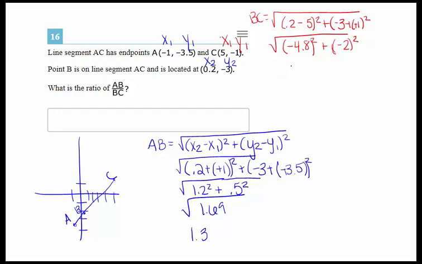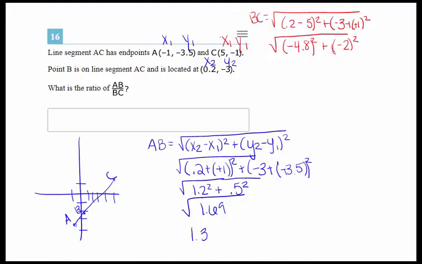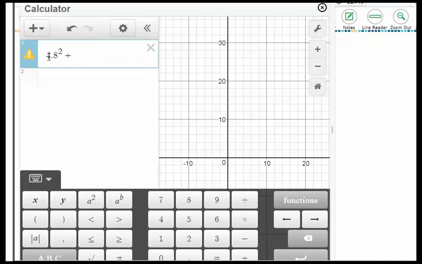So if you want to put that into the calculator, you can do that to see what it's equal to. So 4.8 squared, and then plus a negative 2 squared. Notice I dropped the negative because if we're squaring it, a negative times a negative is just going to cancel out anyways, but if you want to include the negative, you could put parentheses around each one of these, and just make sure that the negative is inside the parentheses with it, and your exponent is on the outside.